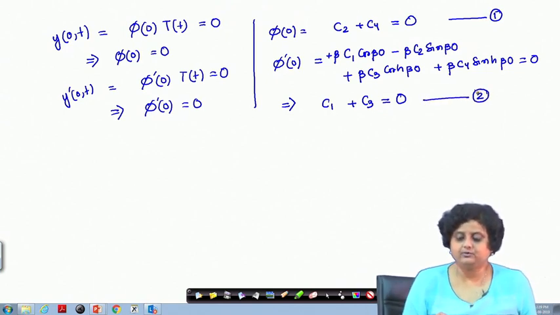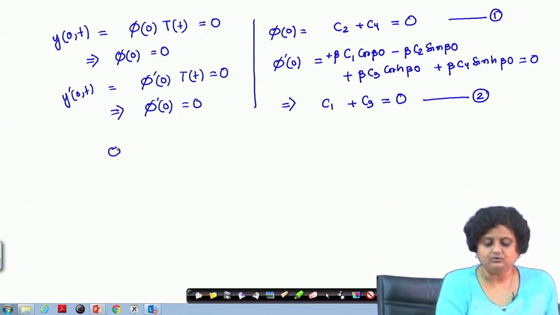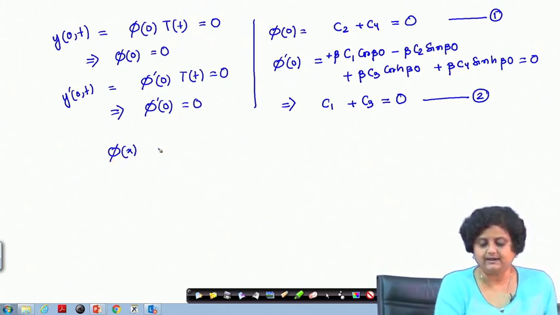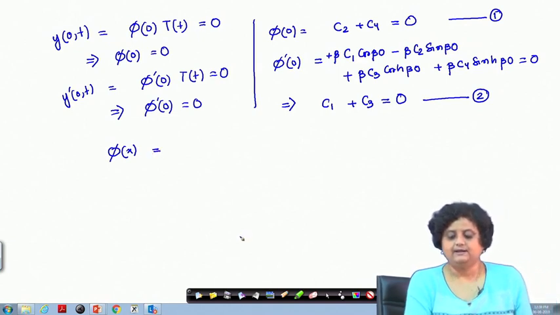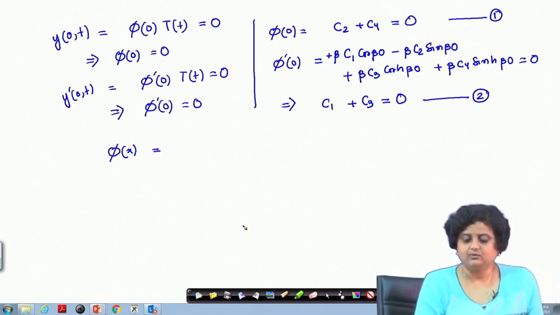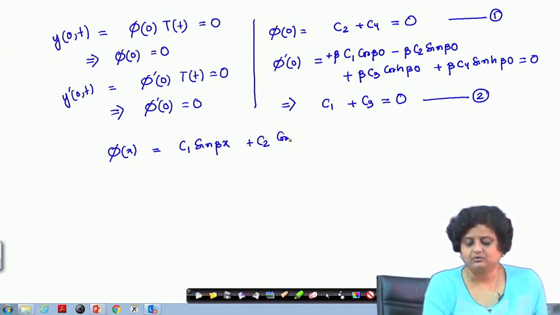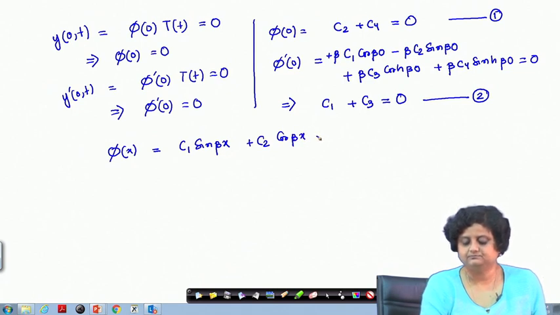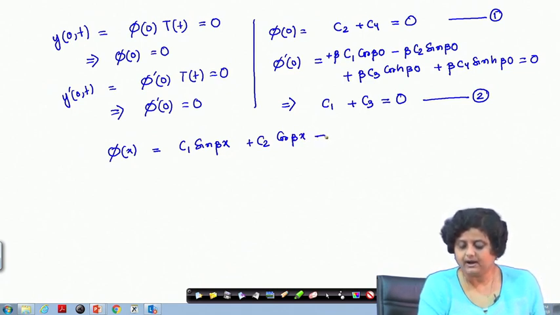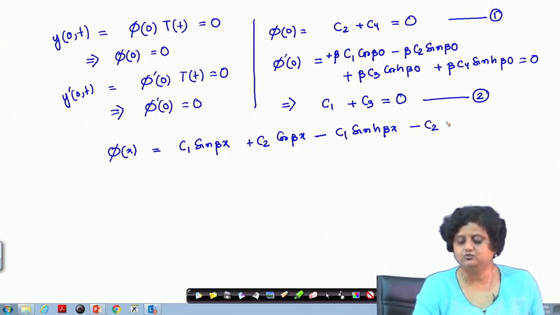So, if we impose equation 1 and equation 2 into my generic solution for phi x, then what do I get? I get C 4 is equal to minus C 2, and phi x is C 1 sin beta x plus C 2 cos beta x minus C 1 sinh beta x minus C 2 cosh beta x.